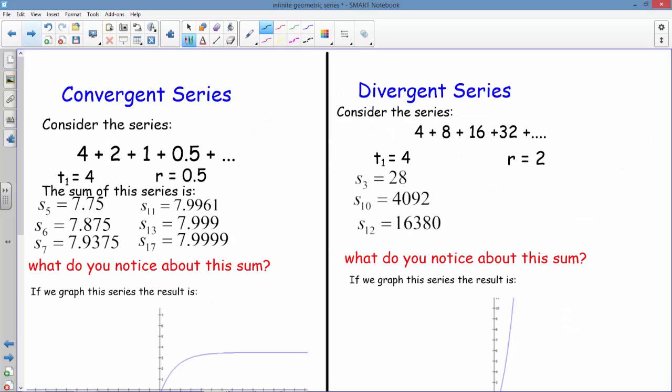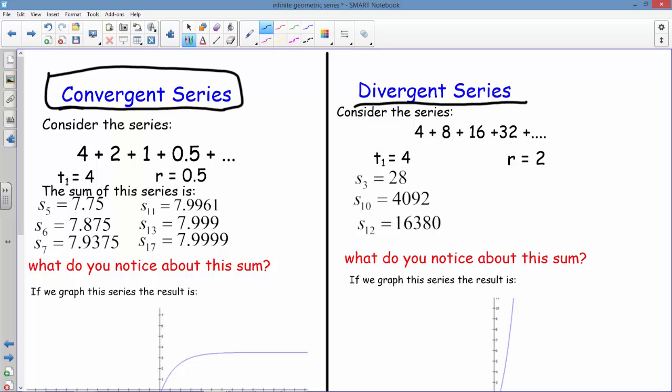Okay, so let's talk about convergent and divergent. Let's start with convergent. I think of the word convergent as to converge. Okay, that means it heads towards something. So let's say we look at this series here, 4, 2, 1, 0.5, and so on.